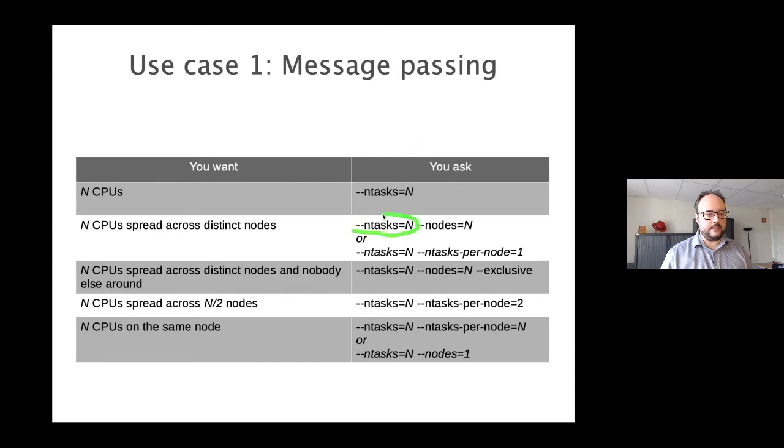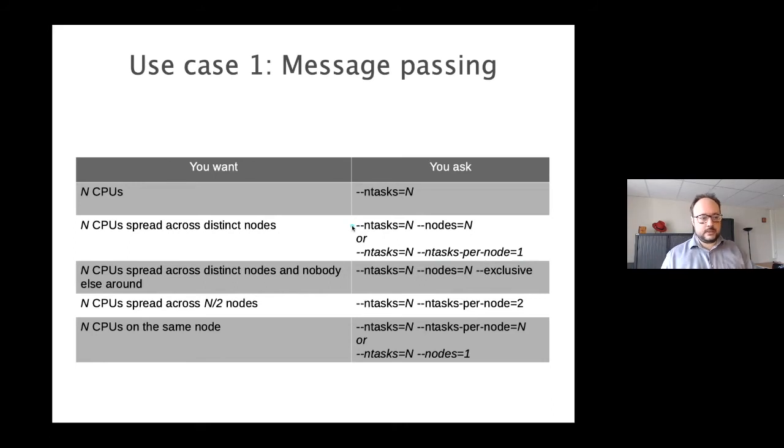Always ask for the number of processes that you want, and then you can specify either the total number of nodes or the number of tasks per node. So if you want n CPUs spread across n compute nodes, you can either request ntasks equals n and nodes equals n as well, or ntasks equals n and ntasks-per-node equals 1.